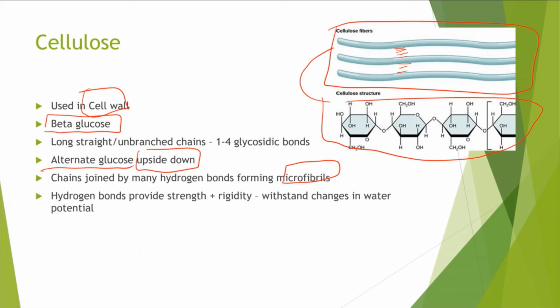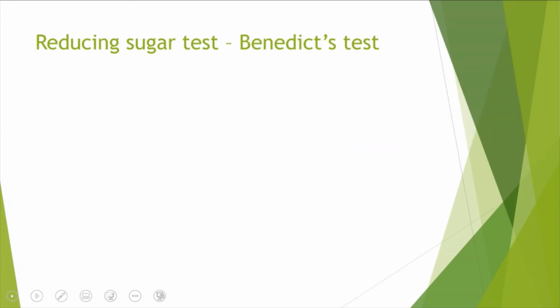And the hydrogen bonds provide strength and make it rigid, so it can withstand changes in water potential. So if there were any changes in the cell, the cell wall would stay as it is, as the hydrogen bonds give it strength and make it rigid.